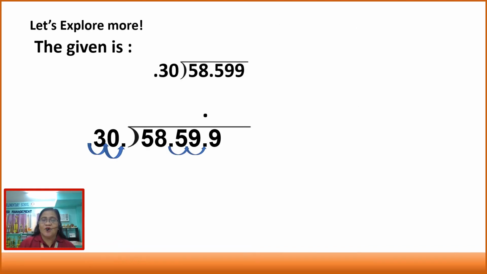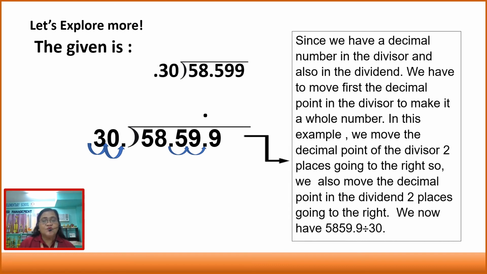Let's explore more. The given is 58 and 599 thousandths divided by 30 hundredths. As you can see, since we have a decimal number in the divisor and also in the dividend, we have to move first the decimal point in the divisor to make it a whole number.